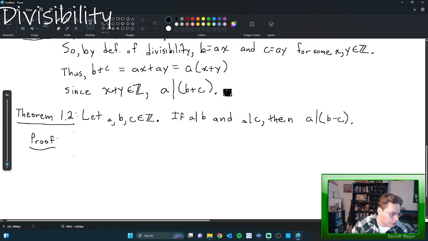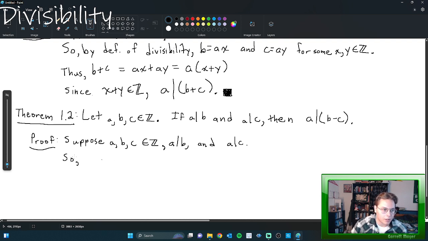So we're going to similarly suppose that A, B, and C are all integers. A divides B, and A divides C. So, by the definition of divisibility again, B equals AX and C equals AY for some X, Y in the set of all integers.